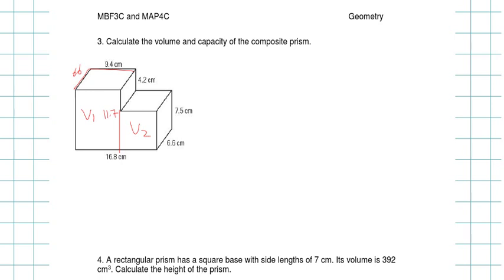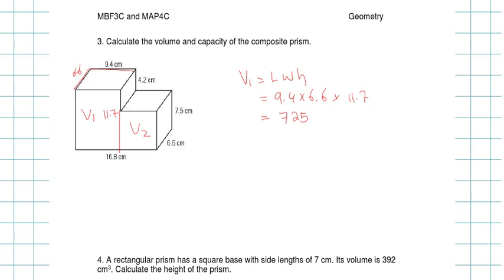So my first volume is going to be 9.4 times 6.6 times 11.7. And the answer is 725. If you see that the units are to one decimal place, report your answer to one decimal place.